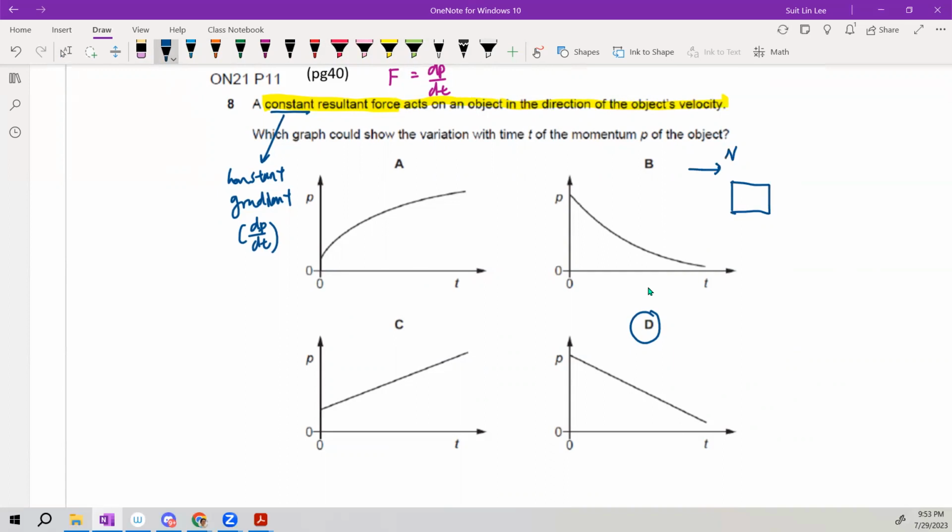Let's say the velocity is in this direction, and then you have a constant force pulling in this direction. Because they are both the same direction, V and F, same direction, logically this will tell you that the momentum will increase. So the answer is C, not D.